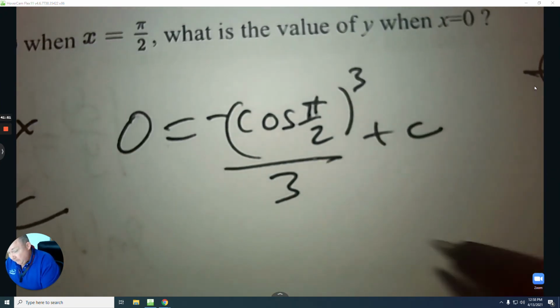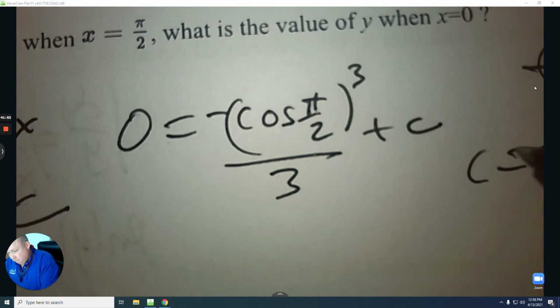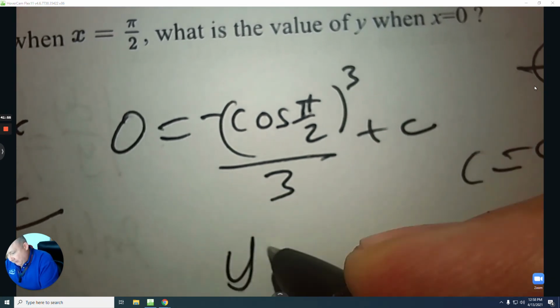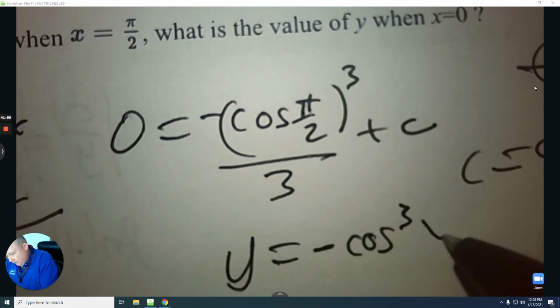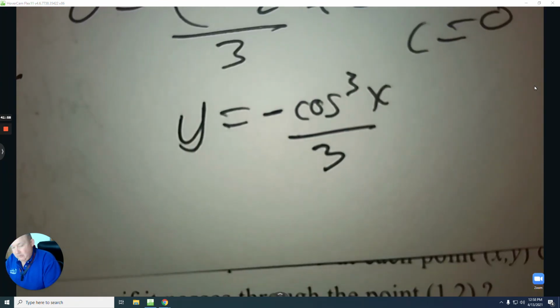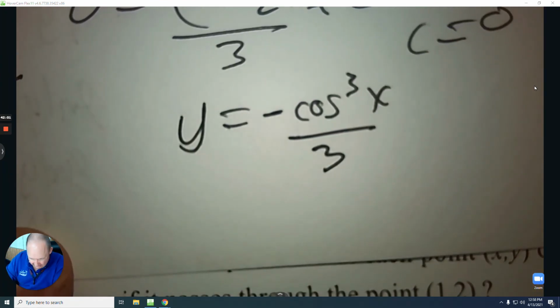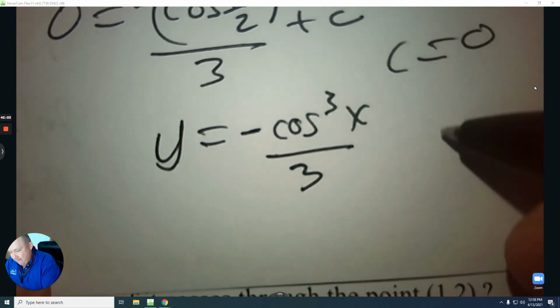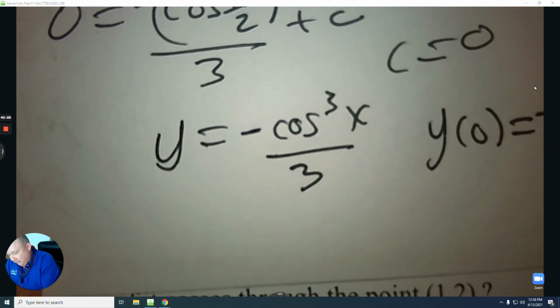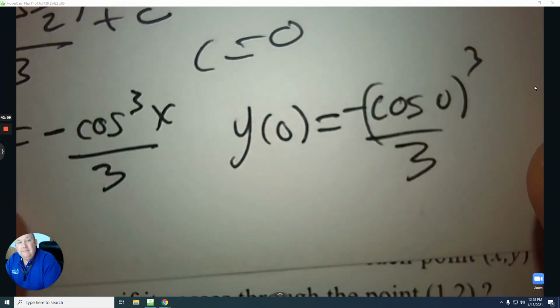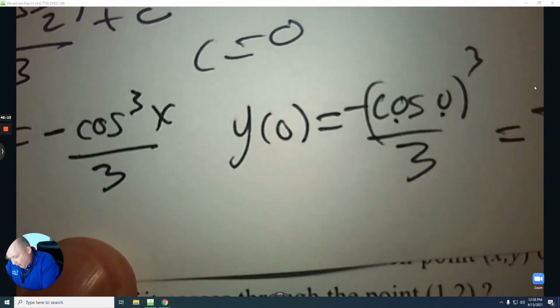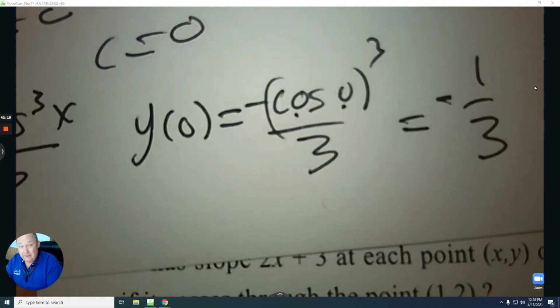So c is 0. So if I put this equation together, I get this, because c is 0. And then it says evaluate it when x is 0. So now that you have the equation, plug in 0 for x. The value of cosine at 0 is 1. So it's negative 1 over 3. It's negative a third. Done.